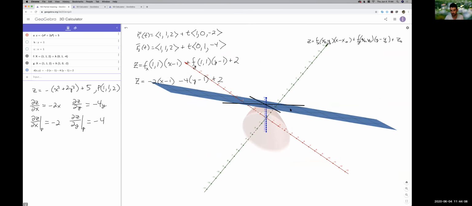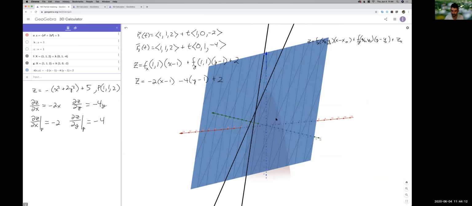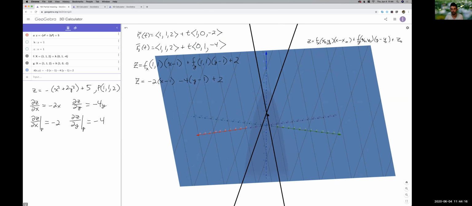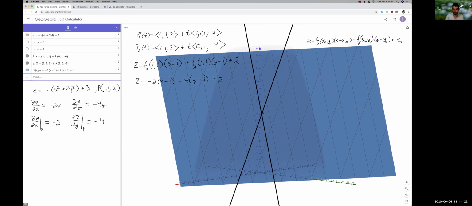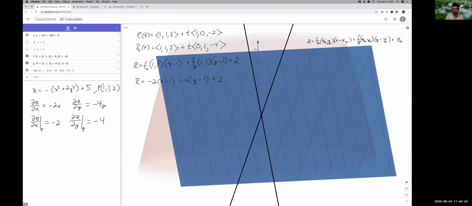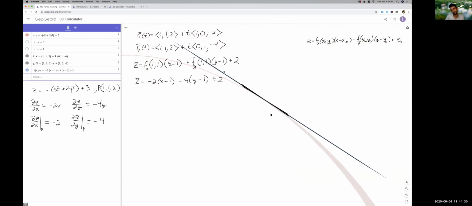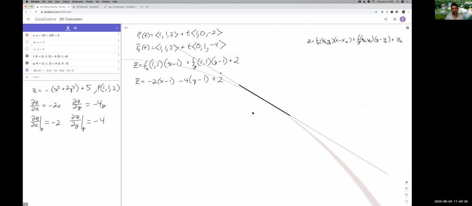And as we look around, I think it fits with our expectations in terms of what we think a tangent plane should do. For instance, if I start to zoom in on it, right, as I get closer and closer, now at this very close magnification, we can still see some of the difference between the surface and the plane.